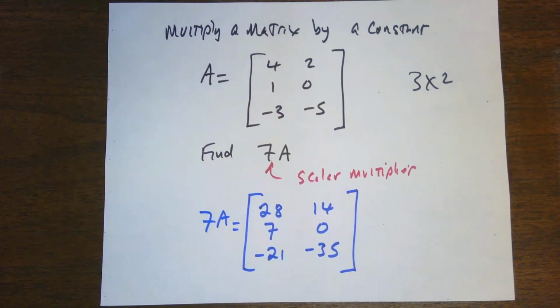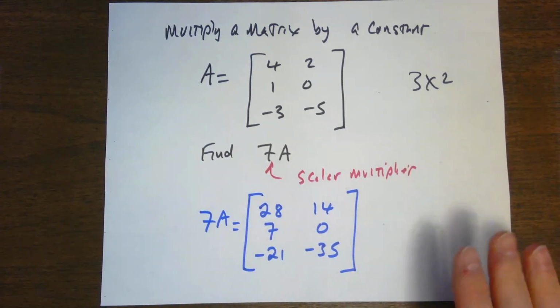So a scalar times a matrix is really just taking the number and multiplying it by all of the entries. That's all there is to it. I'm not going to do any more examples. I could do a negative number, I could do a fraction, anything you want.